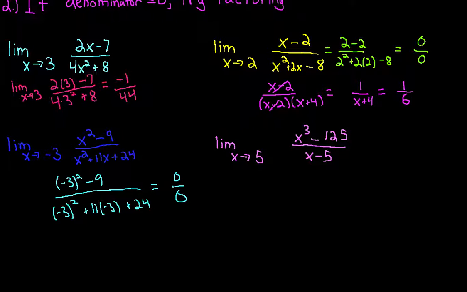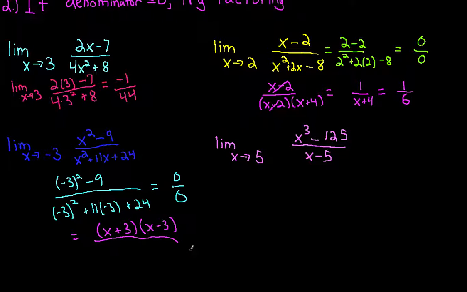So what do we have to do? Well, we have to factor. In this problem, we can see that the top, this x squared minus 9, can be factored using the difference of squares. The difference of squares tells us that a squared minus b squared is equal to a plus b times a minus b. And the bottom can be factored.